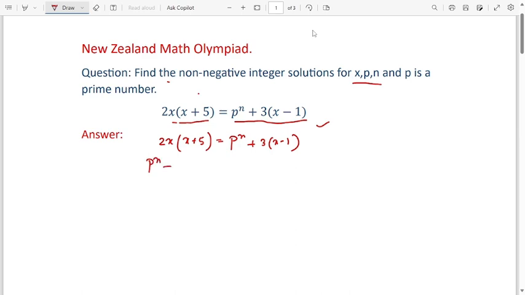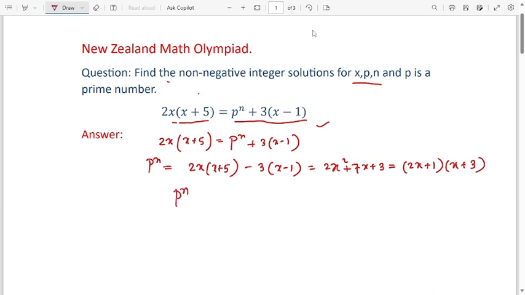So p to the power n is equal to 2x times (x plus 5) minus 3 times (x minus 1), which can be written as 2x squared plus 7x plus 3, and if we factor it, we get (2x plus 1) times (x plus 3). So p to the power n can be written as (2x plus 1) times (x plus 3).